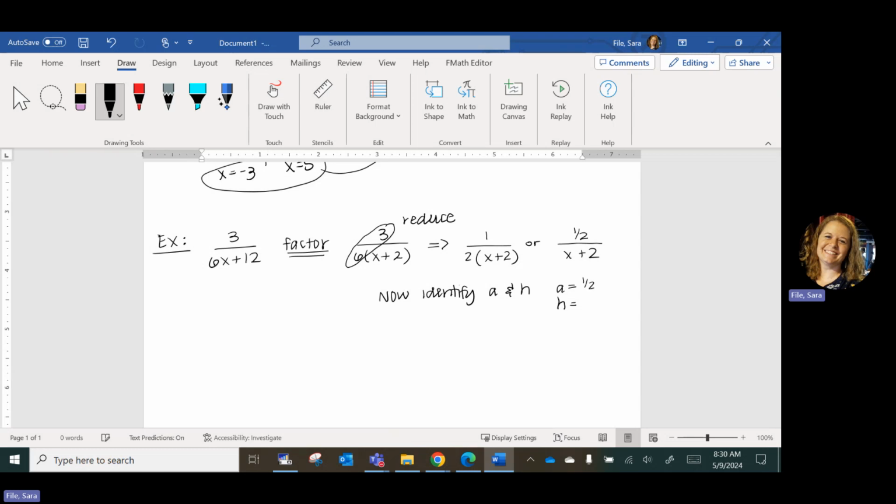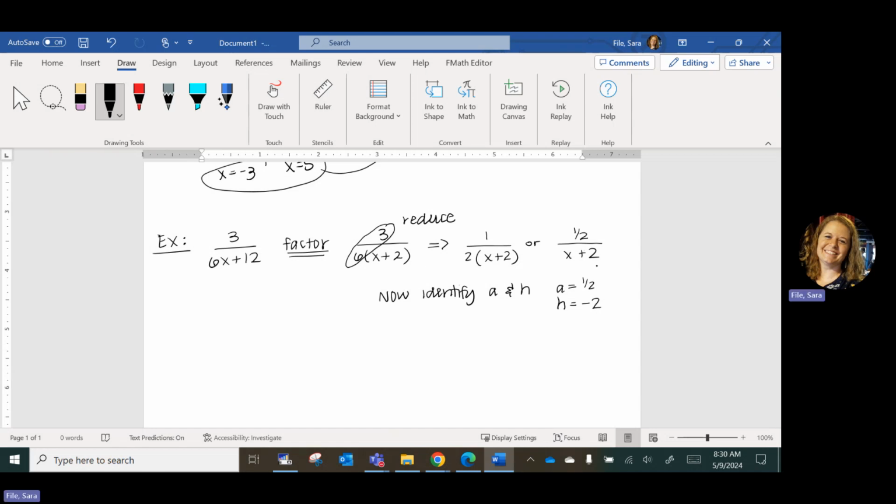And what is the h value? Nope. 12 was over here. Look at it now. What's the h value? -2. We factored out the 6, the GCF of 6. So when we divided out the 6, that left us with x plus 2.